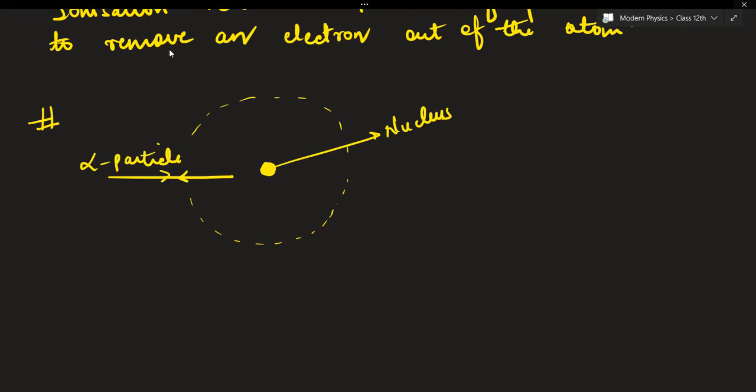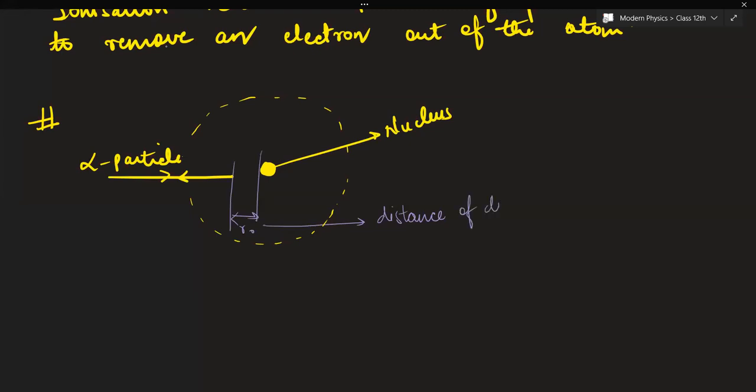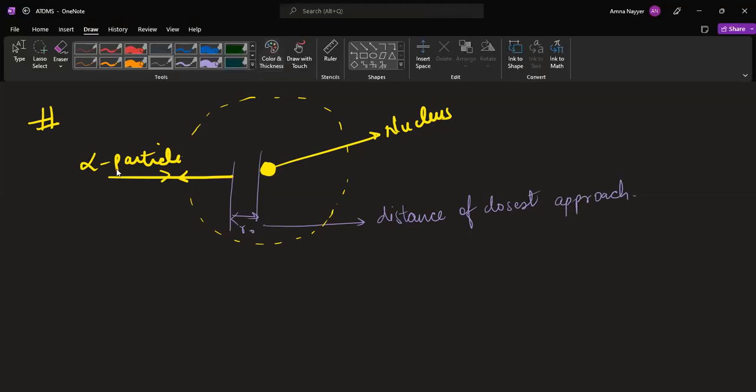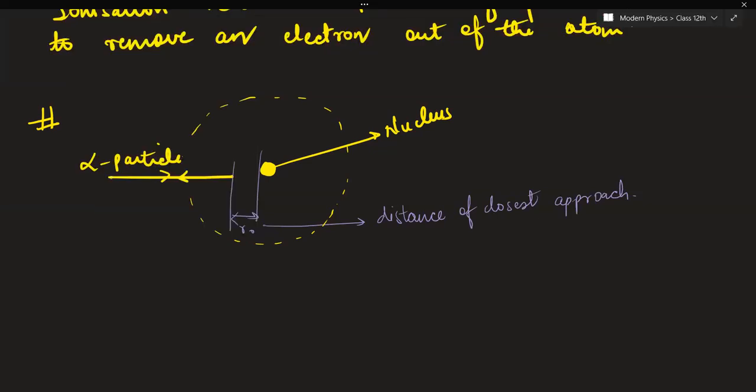So there is a certain space that is created. This separation is known as the distance of closest approach. Because of the repulsion, it gets reflected at this distance only. This is known as the distance of closest approach.